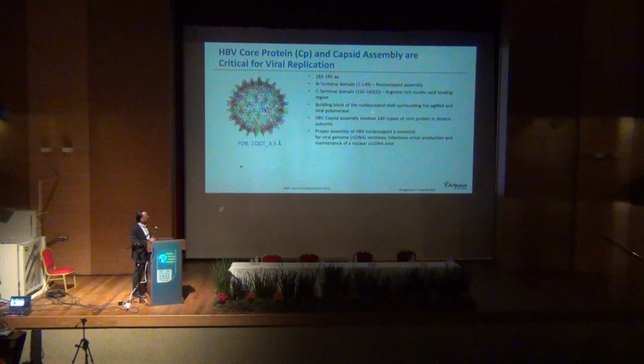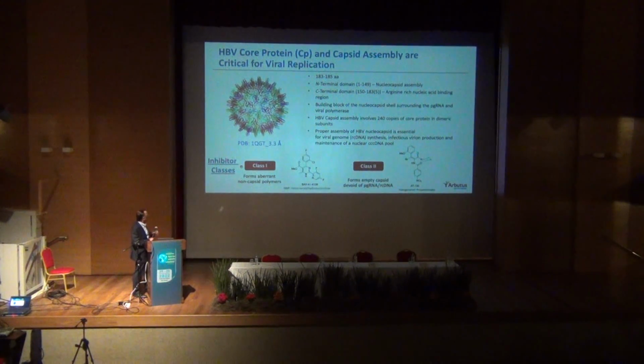A capsid involves 240 copies of core protein in these dimeric units, and the proper assembly is really critical for replication to occur. In the late 1990s, early 2000s, several agents were identified through screening that actually inhibit encapsulation of pgRNA in HBV. They were divided into two classes. Class 1 is represented by these heteroaryl dihydropyrimidines.